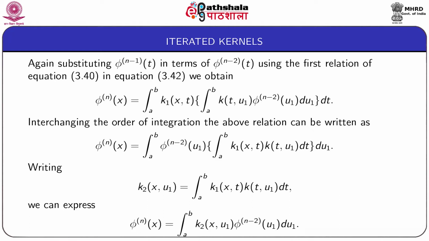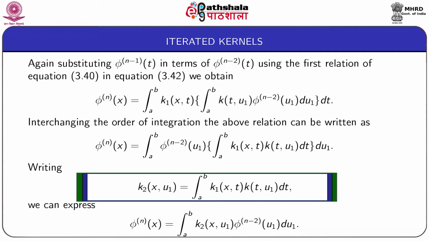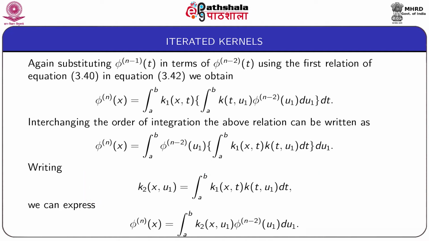Now, we write the inner integral as the function K2(x,u1), which is given by K2(x,u1) equal to integral a to b K1(x,t) K(t,u1) dt, so that phi superscript n (x) can be written as integral a to b K2(x,u1) phi superscript n minus 2 (u1) du1.